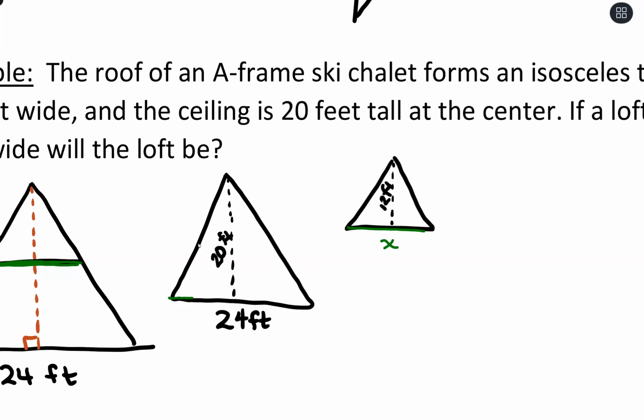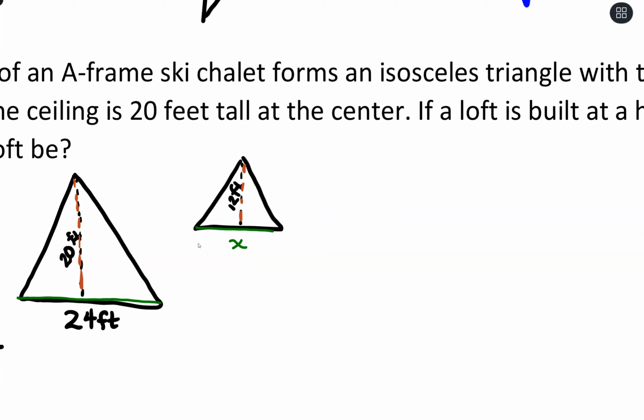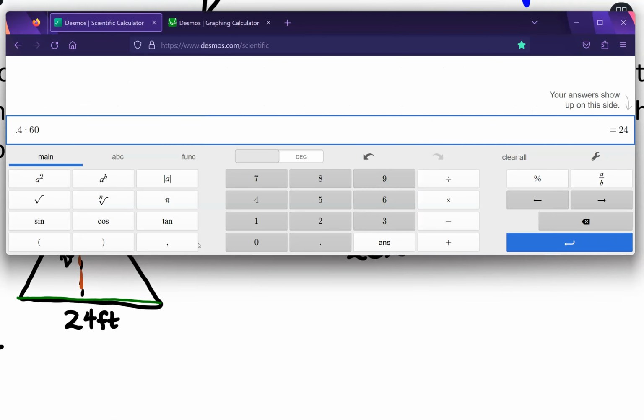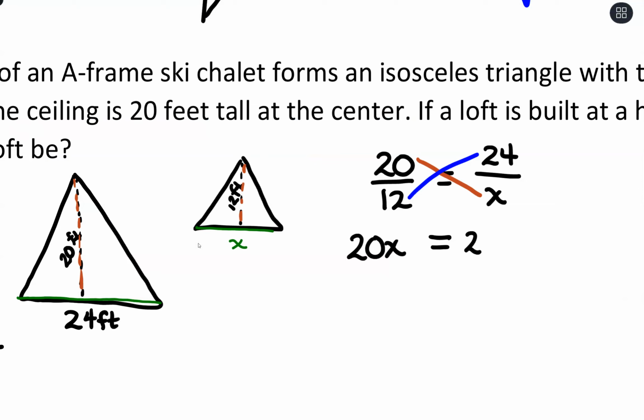So, similar triangles. We can make a ratio of those side lengths along with a ratio of the heights. So, let's go 20 to 12 is equal to 24 to x. And then we can do our cross multiplication. So bring down the equal sign. 20 times x is equal to 12 times 24, which is 288.